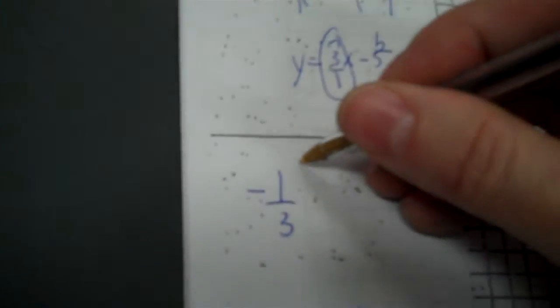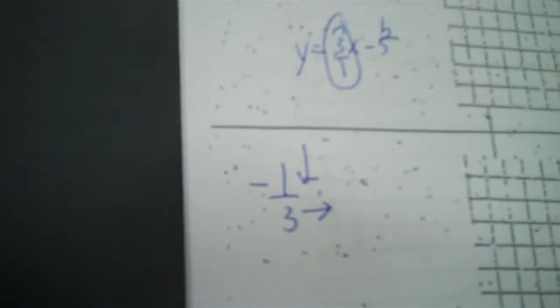Here's what you do on perpendicular. You don't just decide which one's up 3 over 1. That was yesterday. That was parallel. Perpendicular, you need to flip the slope to 1/3, and if you have a positive, then you need to make it a negative and decide which slope is down 1 over 3.